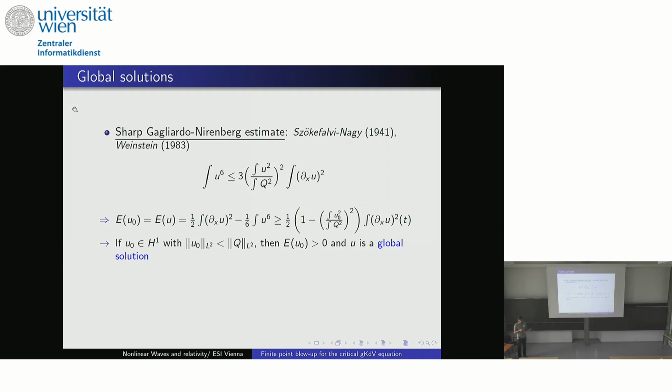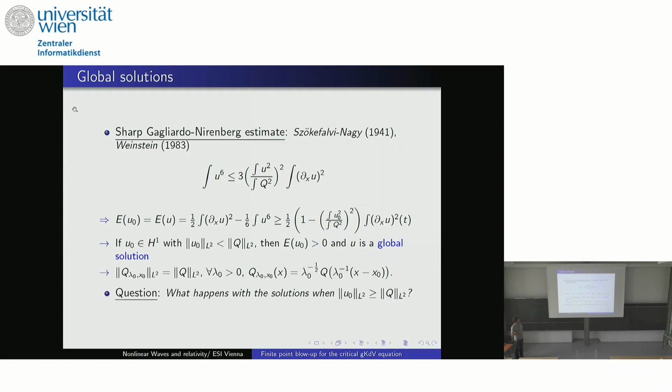Okay, so this is very classical. This is from the 90s. And as I was saying, the L2 norm of any solitary wave is the same. So a very natural question is to know what happens when the L2 norm is larger than or equal to that of Q.